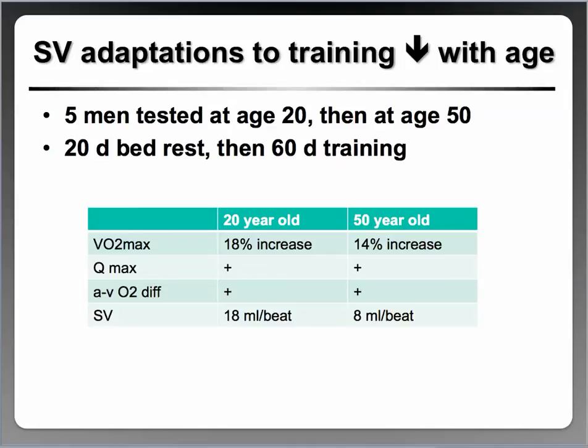But what they did see is that the increase in stroke volume was much less when they were 50 years old. Actually, it's the right number now. I just realized that I typed it in incorrectly. But the increase in stroke volume was only half of what it was when they were younger.